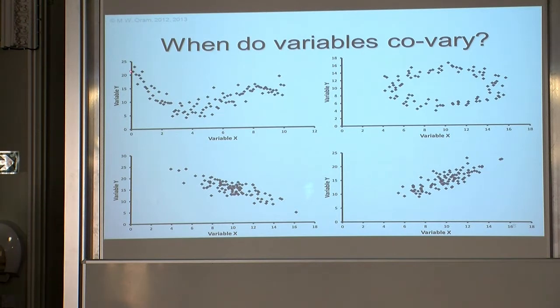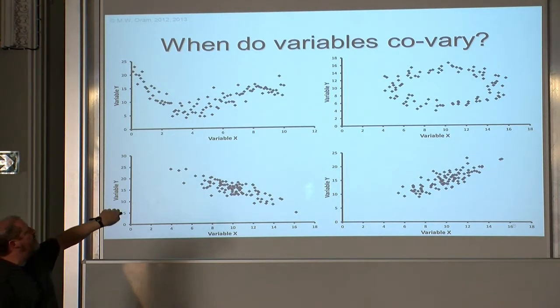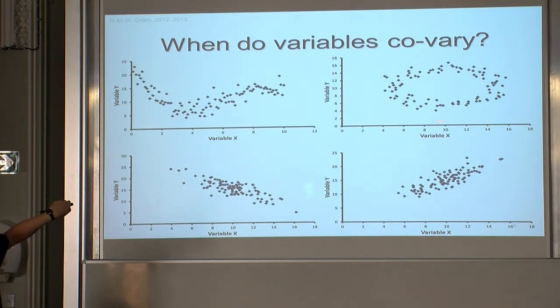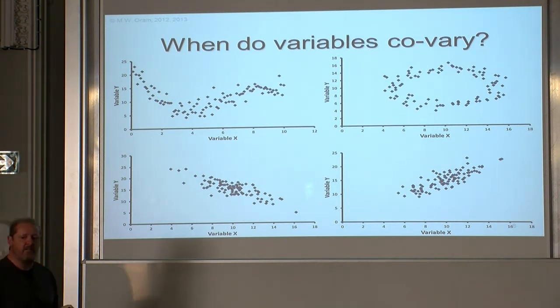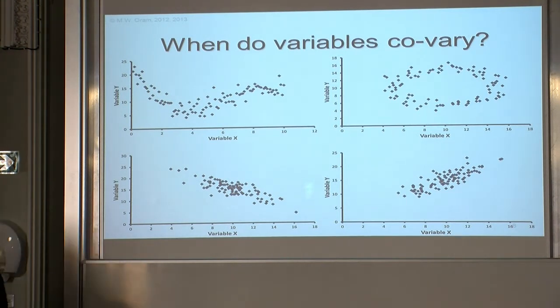So you can make an estimate based on the value of x as to what you expect your second variable y to be. Here's another one. It's just a sort of oval shape. But if you know that variable x is between 8 and 10, y is likely to be small, roundabouts 4, or quite high, roundabouts 12. So they co-vary. There's a systematic relationship between them.